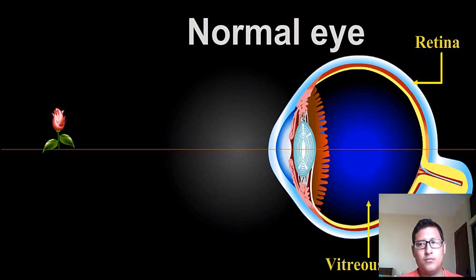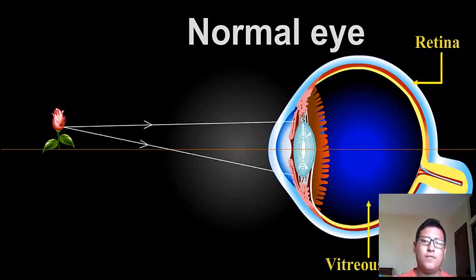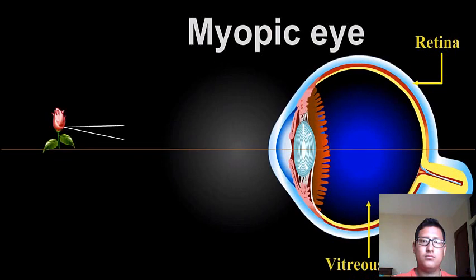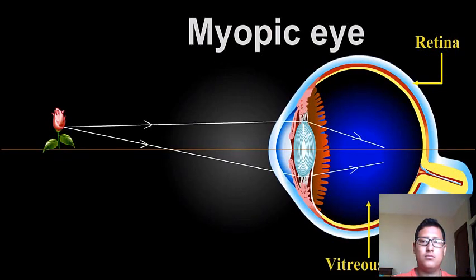In the case of a normal eye, the rays of light from the flower fall on the eye and converge on the retina, whereas in the case of a myopic eye, the light rays are focused in front of the retina.